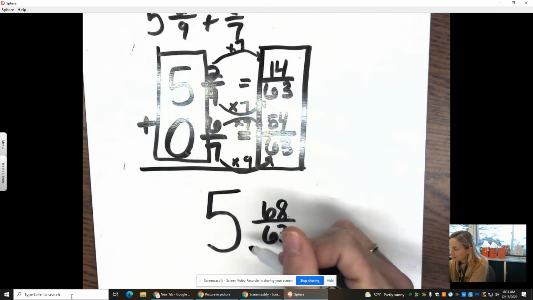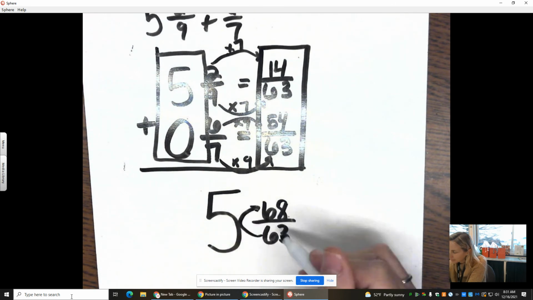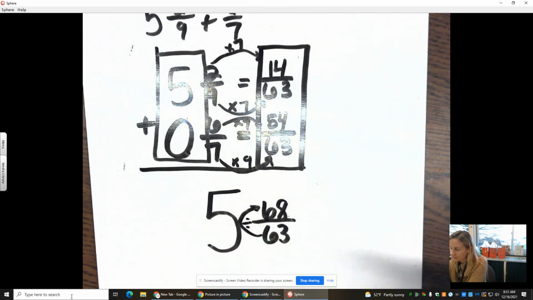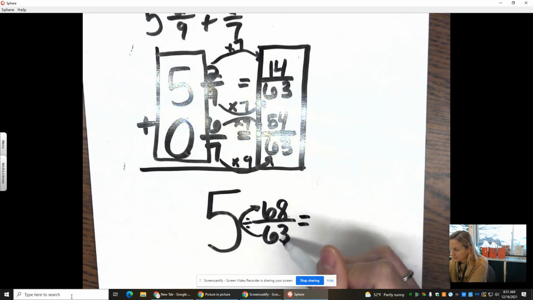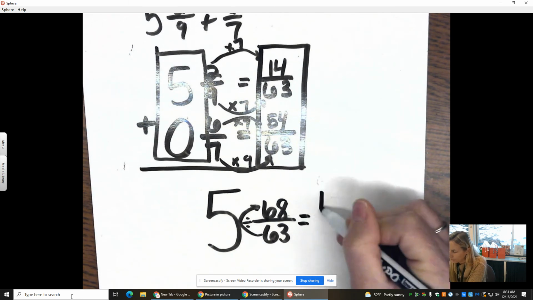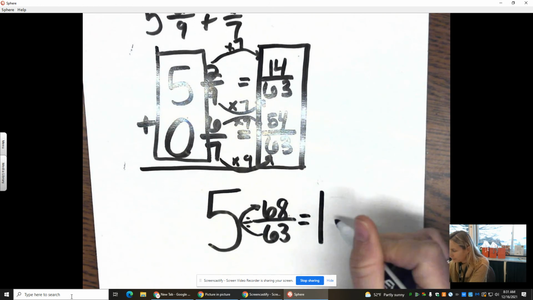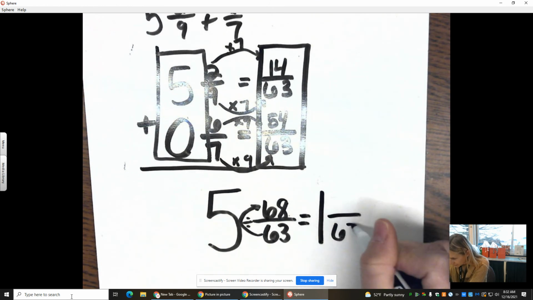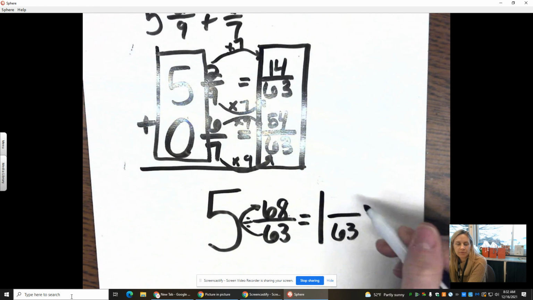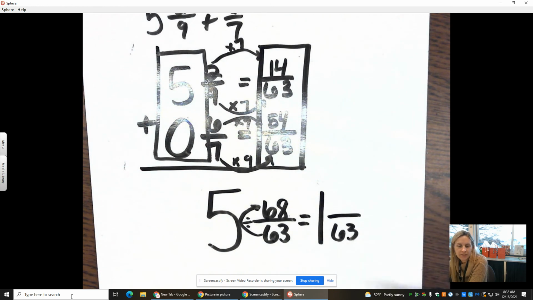So we simply need to think, how many times can 63 divide into 68? 63 can go into 68 one time. My denominator is going to stay the same, and this number up here is going to be my remainder. Let's count on 63, 64, 65, 66, 67, 68.